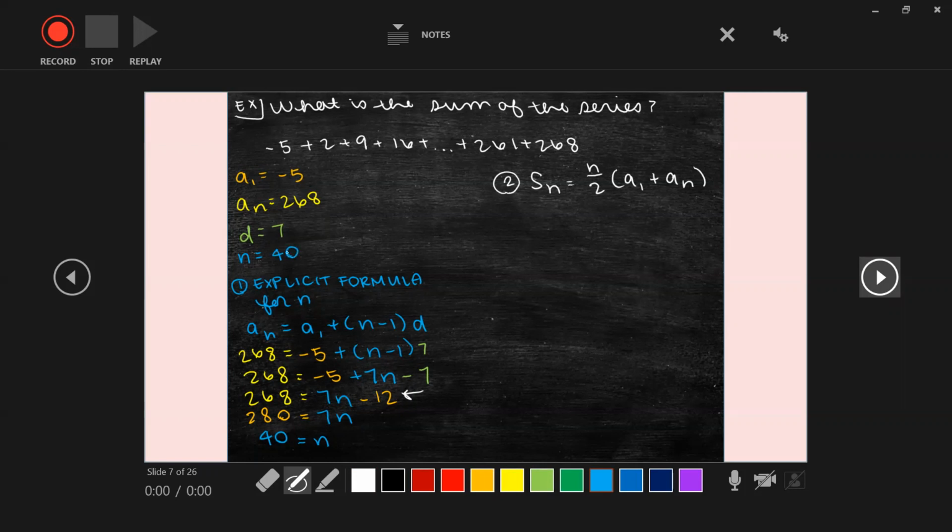Now I'm going to substitute all of this stuff. I'm going to have S sub 40 is equal to 40 over 2 times a sub 1, which is going to be negative 5, plus a sub n, which is going to be 268.